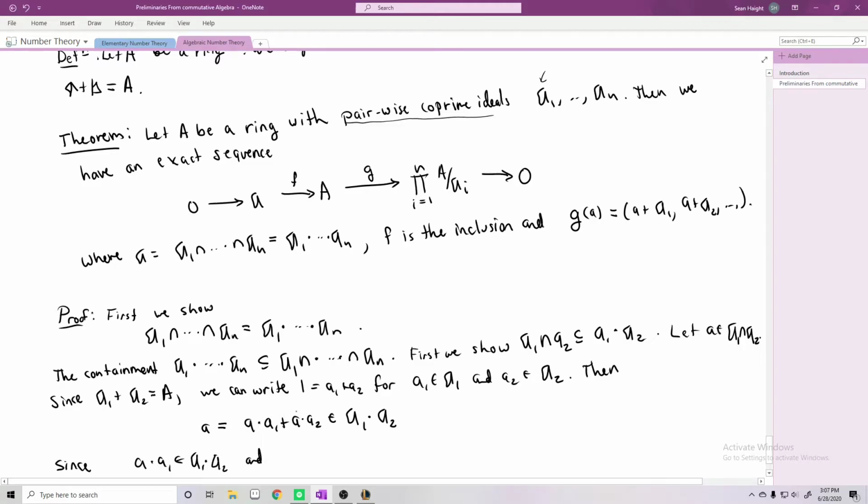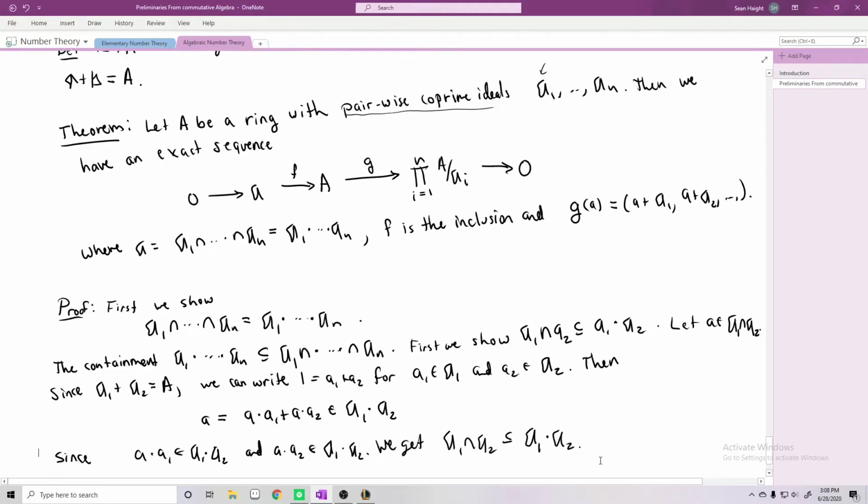And since a is in A1, a1 times a2 is also in the product. Since a sits in both A1 and A2, both of these products are in the product, and the sum of two elements of the product is in the product ideal. So we get that this intersection, A1 intersect A2, is contained in the product.